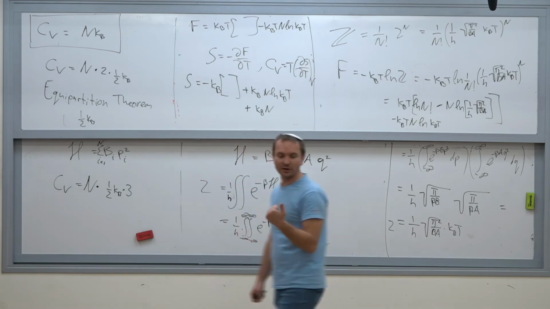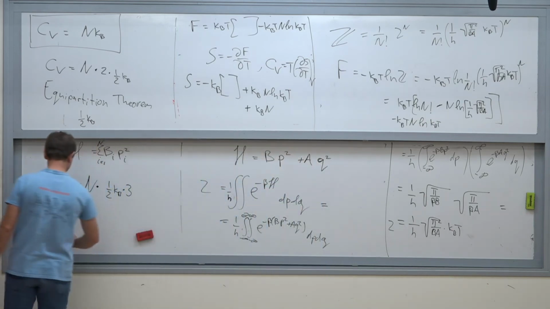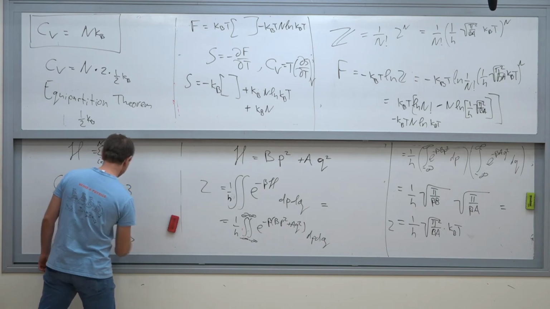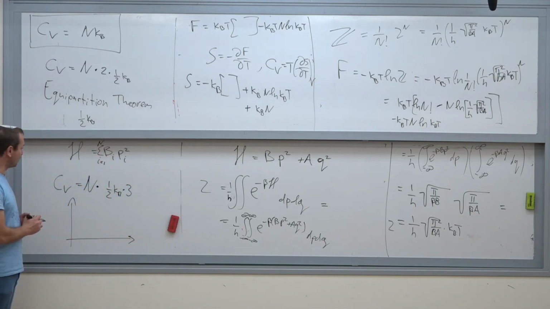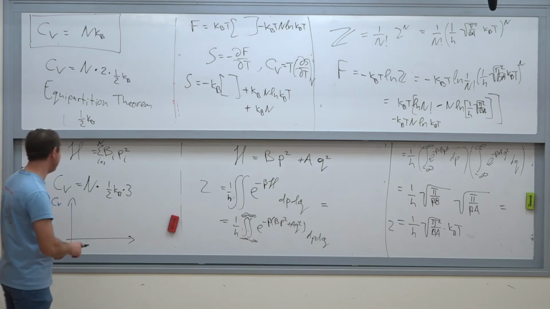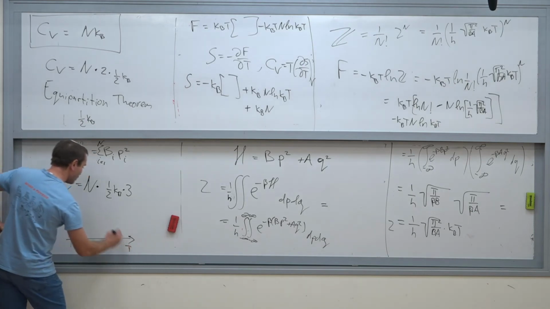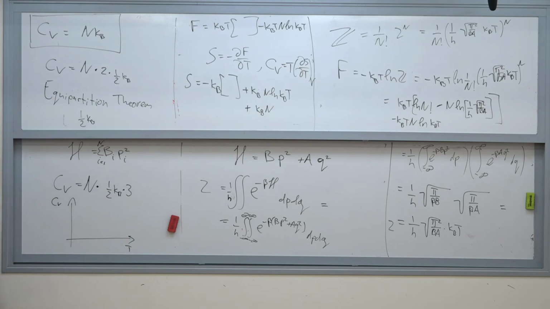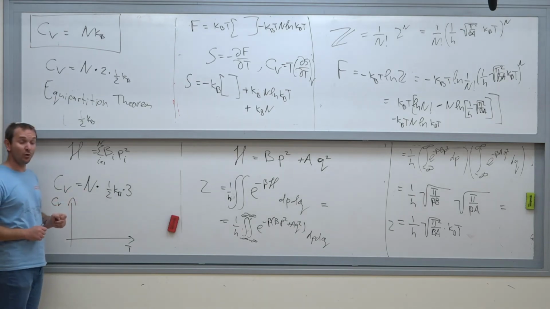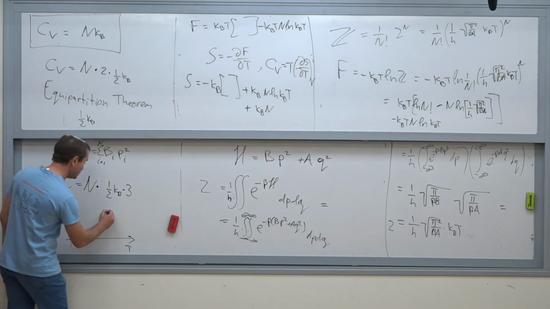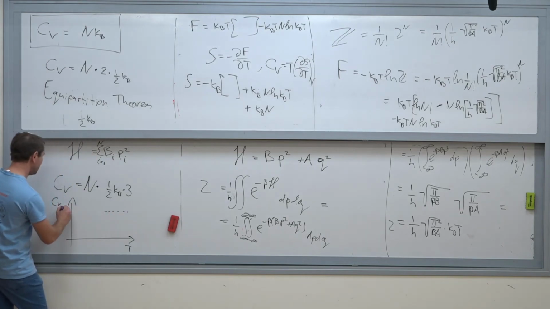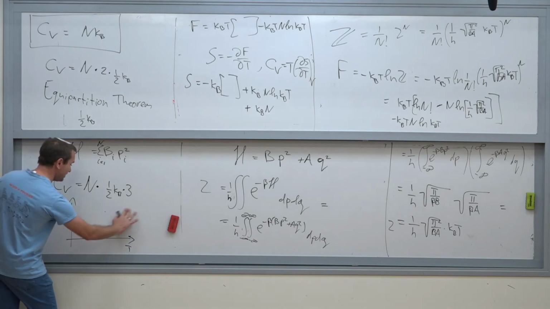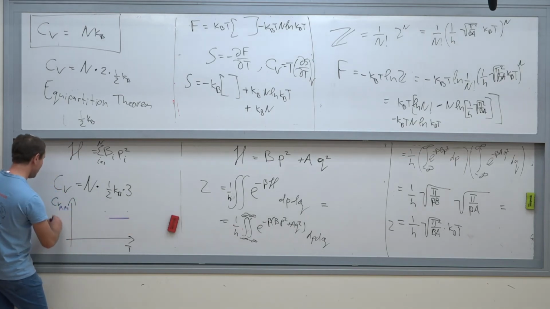So when we're looking at the C_V per mole, for high enough temperatures, for particles that have only translational degrees of freedom, we're approaching a quantity which is simply R multiplied by 3/2.